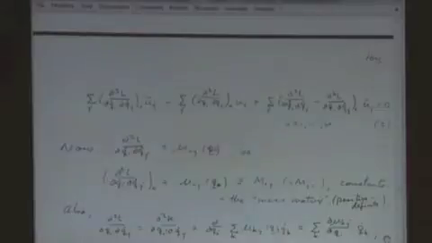This term is simply the mass matrix at the equilibrium configuration. This is a collection of numbers. We call it the mass matrix. And of course it's symmetric, and it must be positive definite because the kinetic energy is always a positive definite function of the velocities.